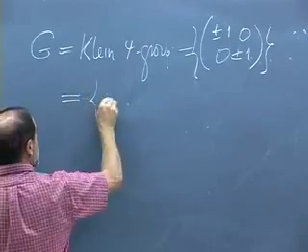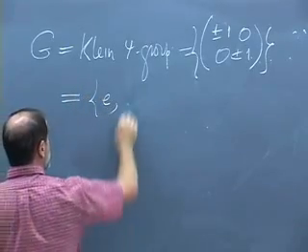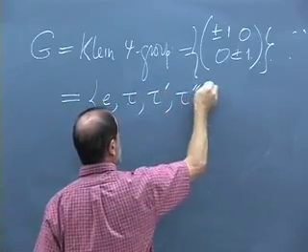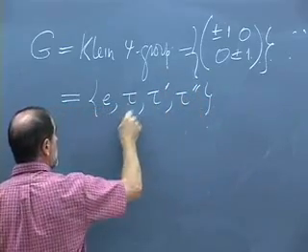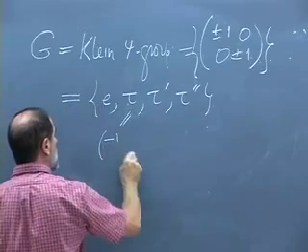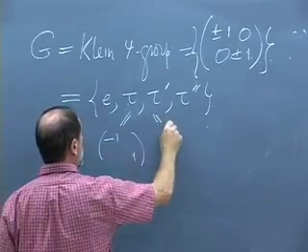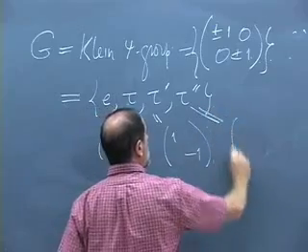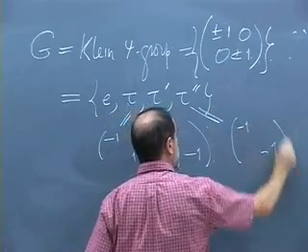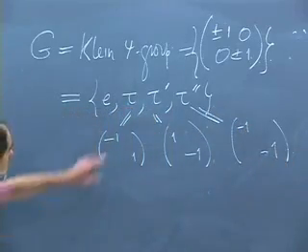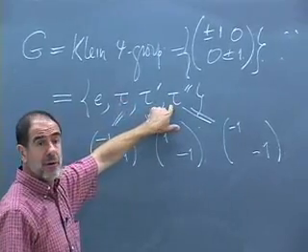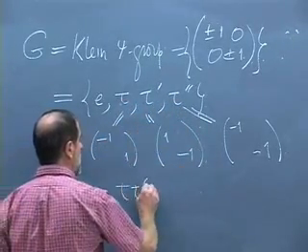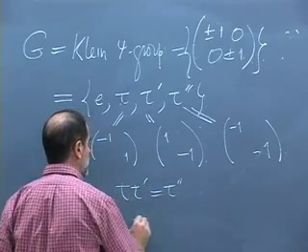There's the identity element, and then there are 3 different things of order 2. So this could be the matrix (-1, 1), this could be the matrix (1, -1), and this could be the matrix (-1, -1). They have the property that if you take the product of any 2, you get the third. You have to check that, but that's not so hard. So, for example, tau tau' is tau'', etc.